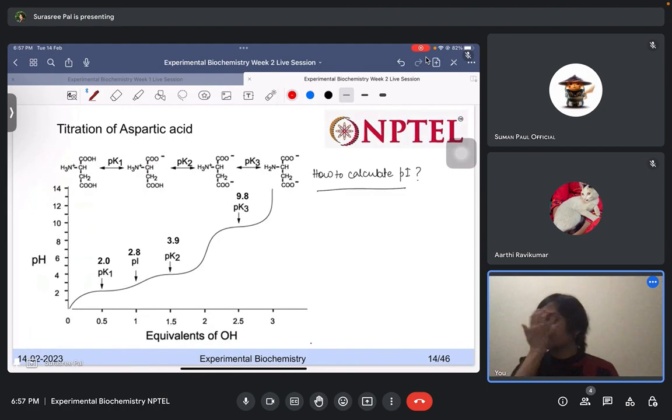Now, in the basic pH, the aspartic acid exists in this form. So what is the net charge on this molecule? Please tell me. Suppose when the pH is less than 2, what is the net charge on this particular molecule?